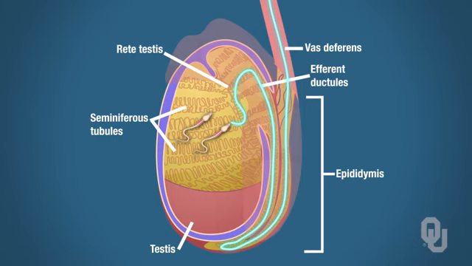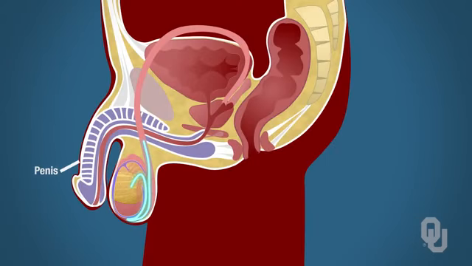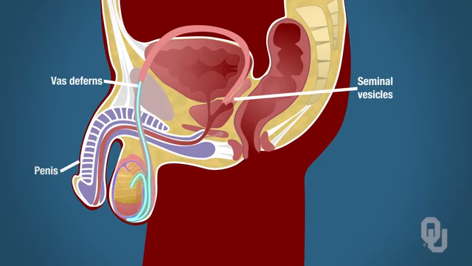So that is the pathway the sperm are taking to get out of the testes. What propelled the sperm through all those structures? Peristalsis. Now the sperm are in the vas deferens, right? The vas deferens connects with the seminal vesicles to form the ejaculatory duct. At this point, the sperm is mixed with fluid that came from the seminal vesicles.